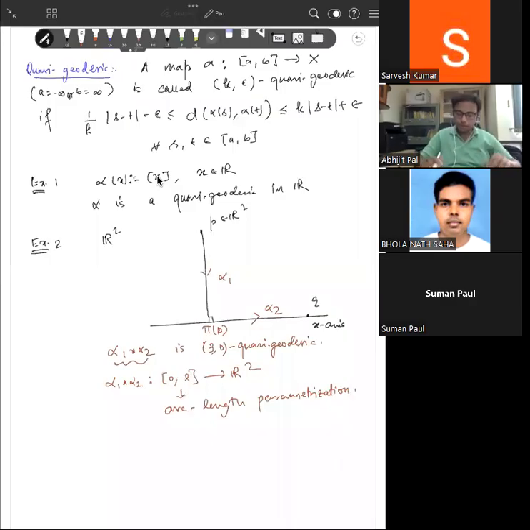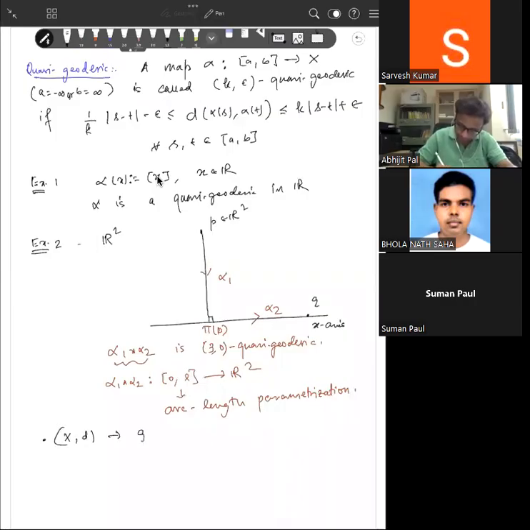Nothing special about this R2. In fact, in any metric space this is true. So let us take X to be a geodesic metric space.